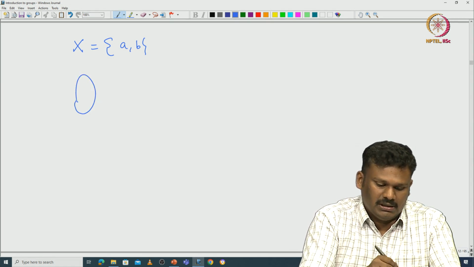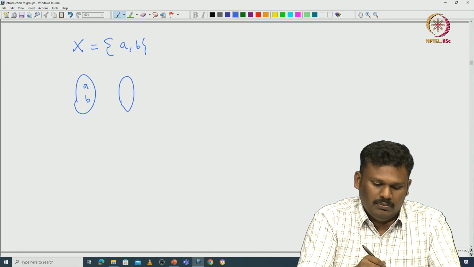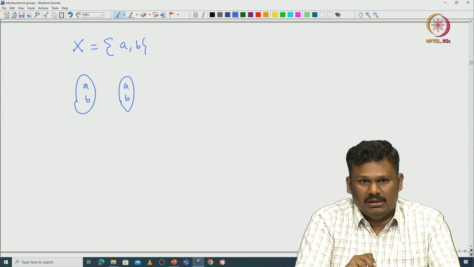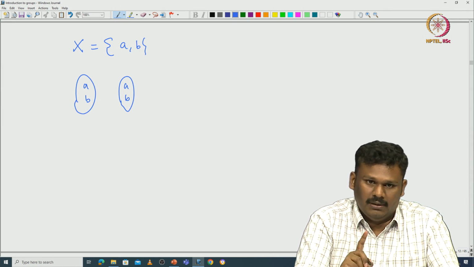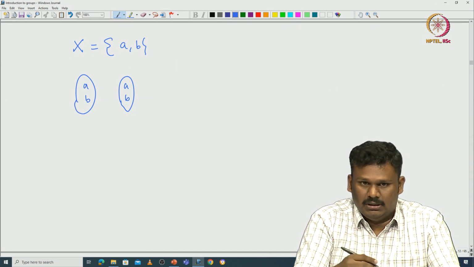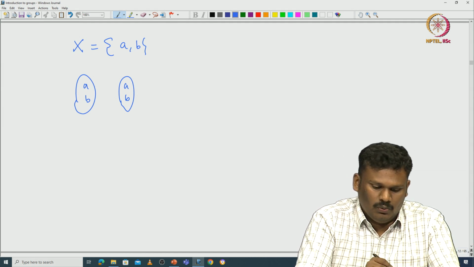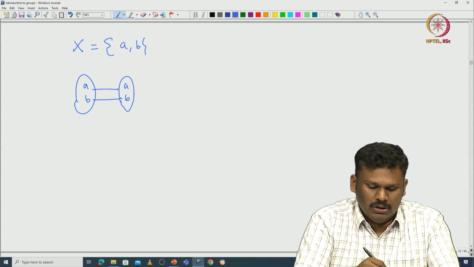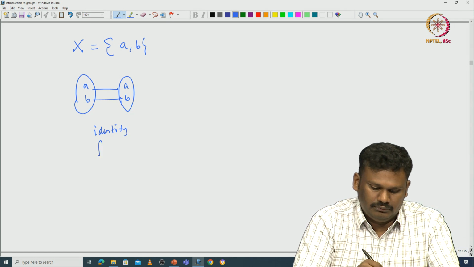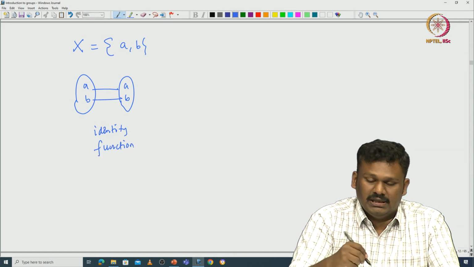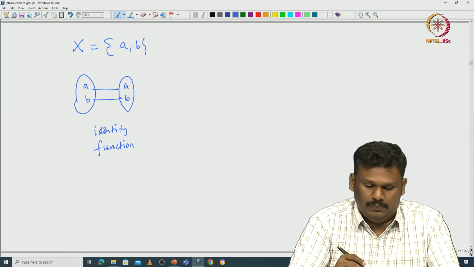You can put X in one box and then another X in another box. Then mapping means you can just put an arrow between the elements, and then you can look at all possible functions. For example, one function is just mapping a to a and b to b. So, this is called the identity function. So, that is the identity element in your group.